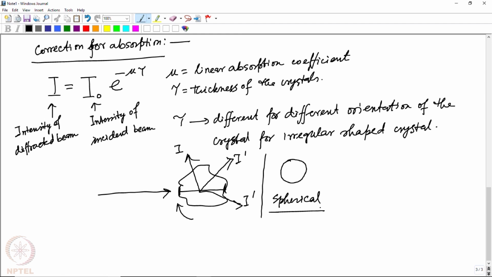If not possible, one should try to make the crystal a cubic shape, which is also very symmetric and very close to a spherical shape. So the absorption in all directions will be uniform, and one can neglect the influence of absorption and use the data as such without doing any absorption correction.